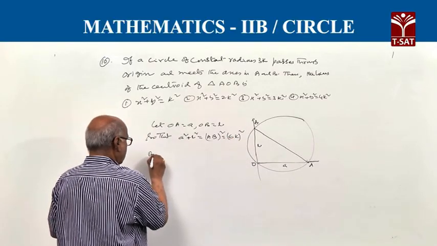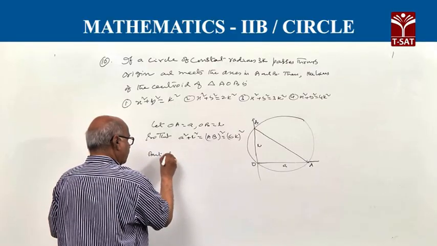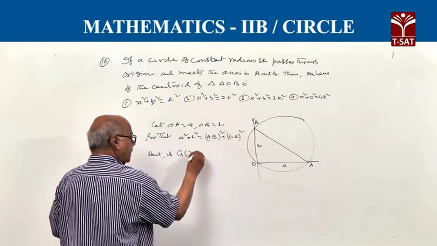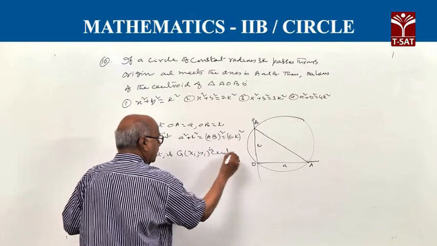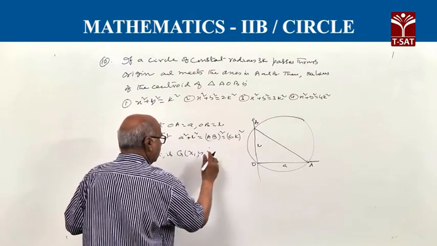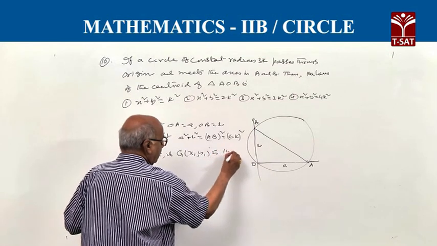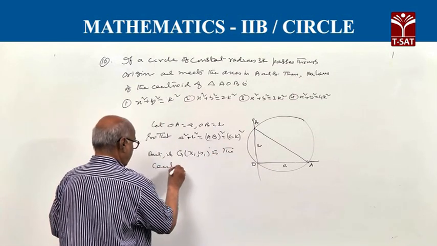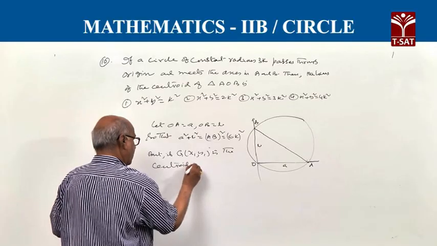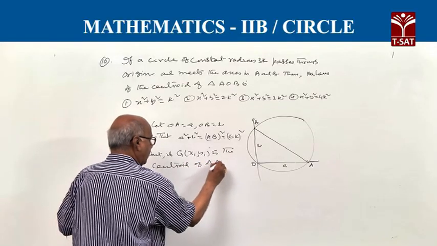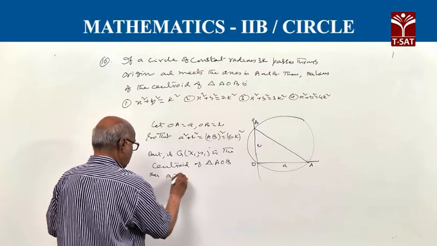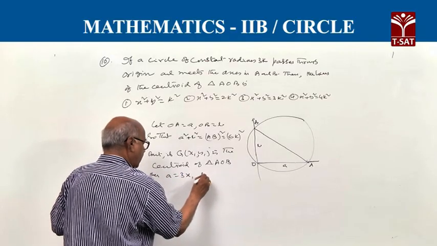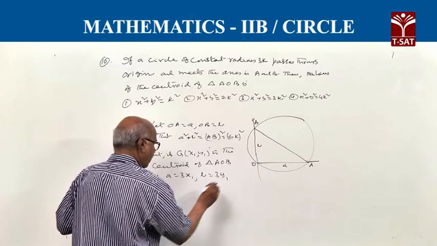But if G(x1, y1) is the centroid of triangle AOB, then a is equal to 3x1 and b is equal to 3y1.